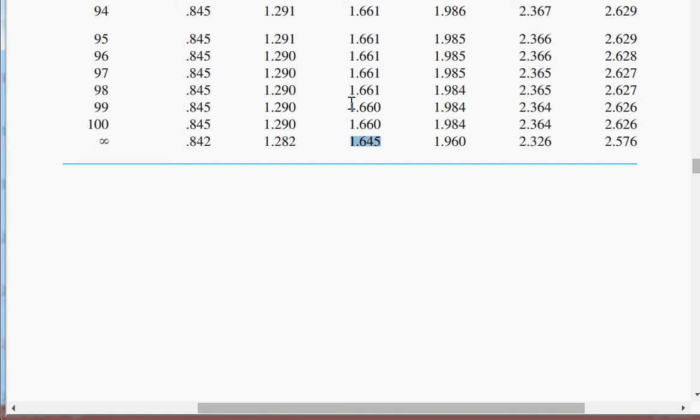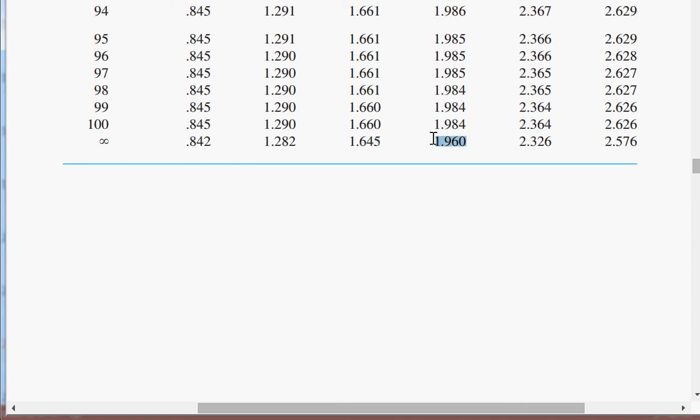Because the sample standard deviation is getting really close to the population standard deviation. So as it gets bigger, the standard deviation of the sample gets closer and closer to the population standard deviation. So here's the last thing.